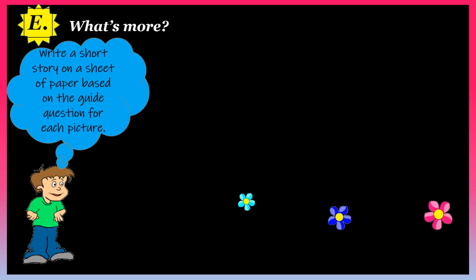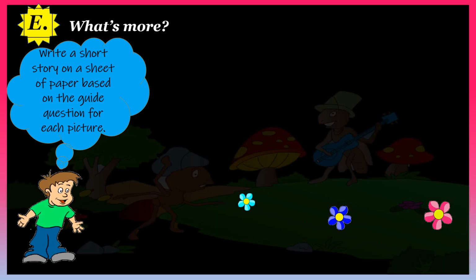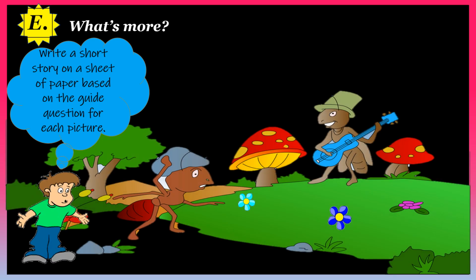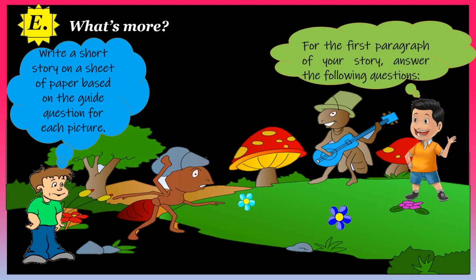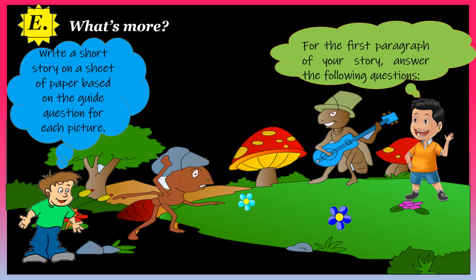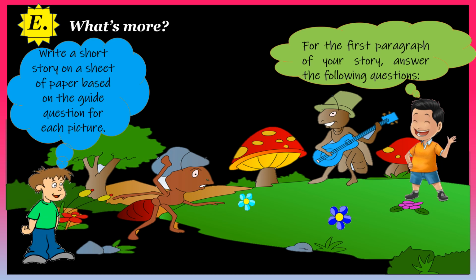So the story that we are going to write today is the ant and the grasshopper. So for the first paragraph of your story, let's answer the following questions first. Are you ready? All right, let's try it. Let's go.